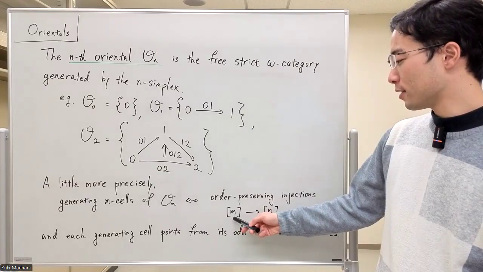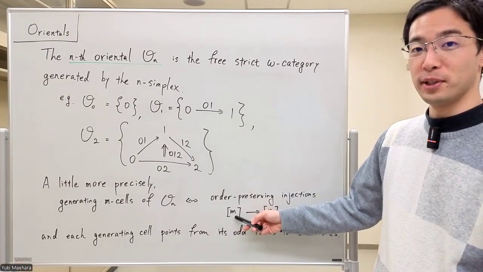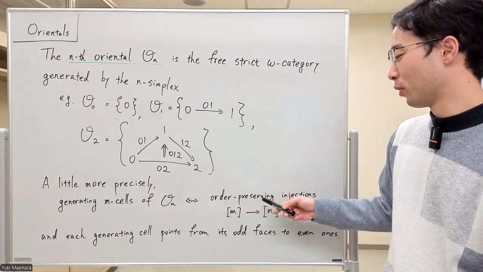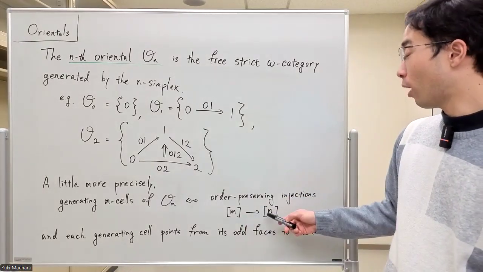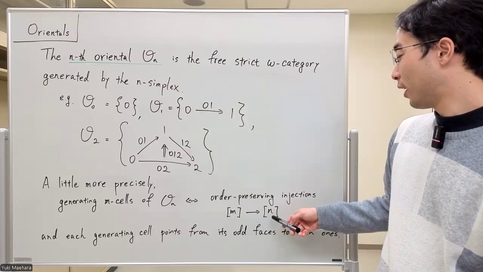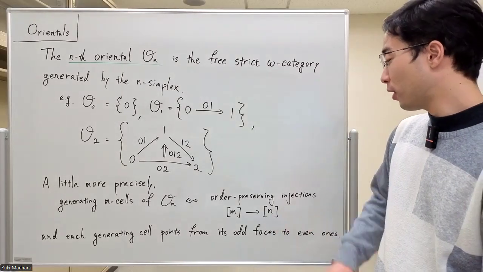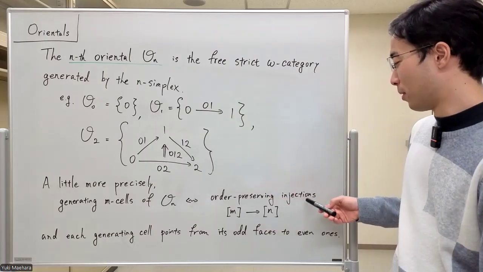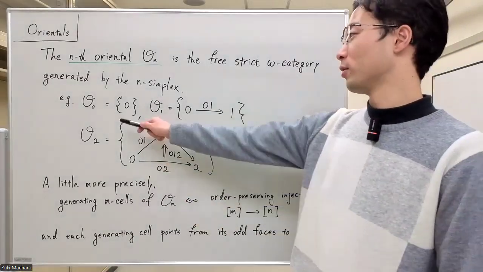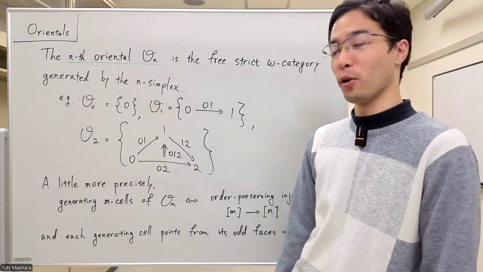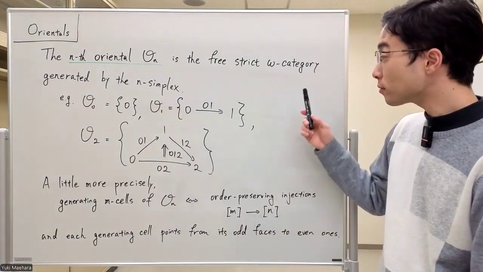So [n] is the set of integers between 0 and n with the usual ordering. For example, when n is equal to 0, there's only one order preserving injection of this form, namely the identity on [0]. So this cell corresponds to that identity.